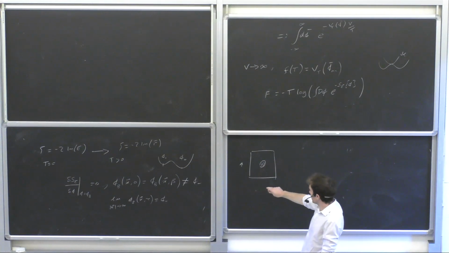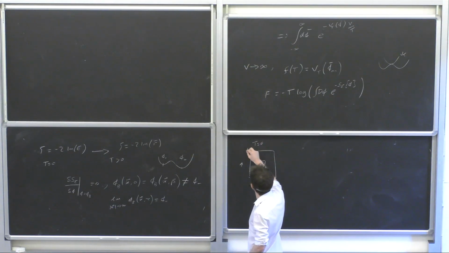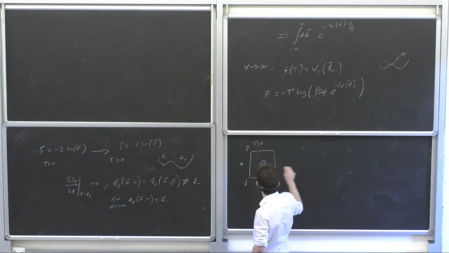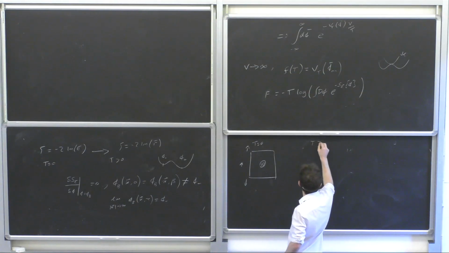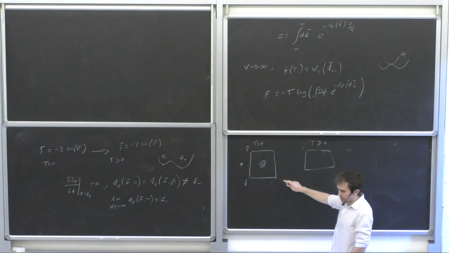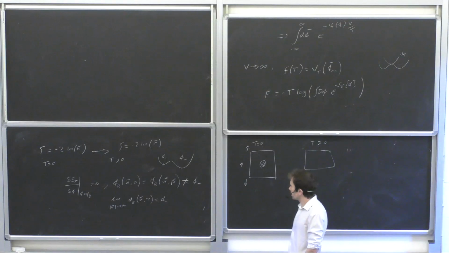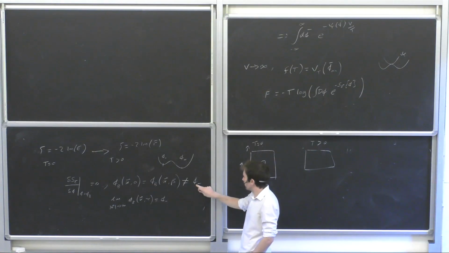Now, because we keep beta finite, so that is getting stretched infinitely far in this direction, this distance is finite and is just set by beta, so I don't necessarily have to have this being phi minus.